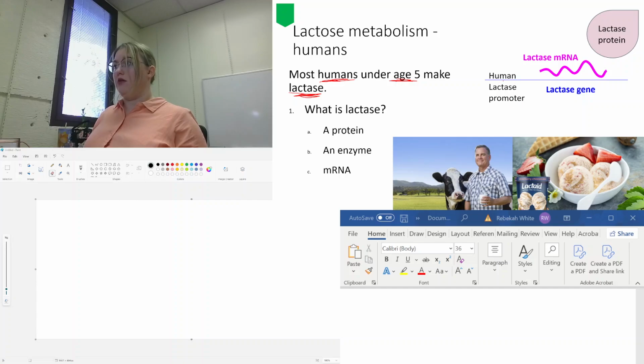If this promoter is active, then we can make the lactase mRNA and then make the lactase enzyme. Go ahead and answer this iClicker question. What is lactase? For this one, just select any correct answer. Okay, so lactase, remember, is an enzyme, and an enzyme is a type of protein.